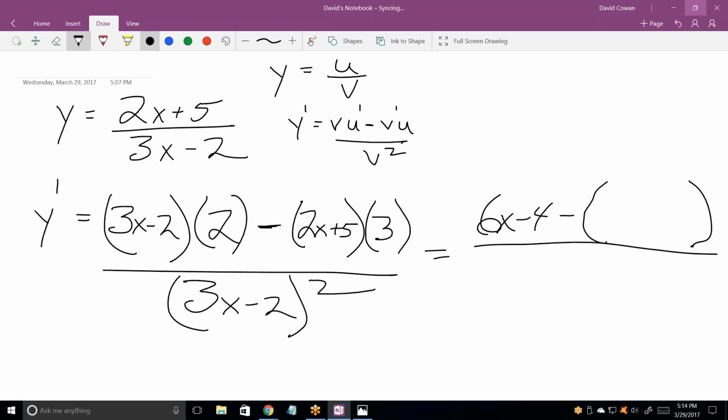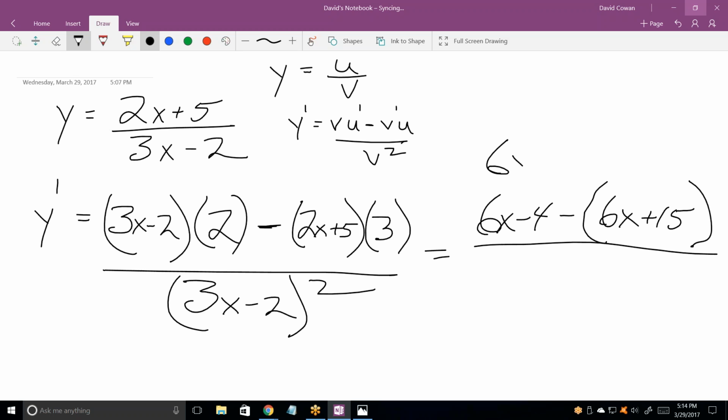I'll show you why. What goes in the parentheses? Negative 2x minus 5. Well, multiply it by 3. Both. Negative 6x minus 15. Now, when I remove the parentheses, it becomes minus 6x minus 15.